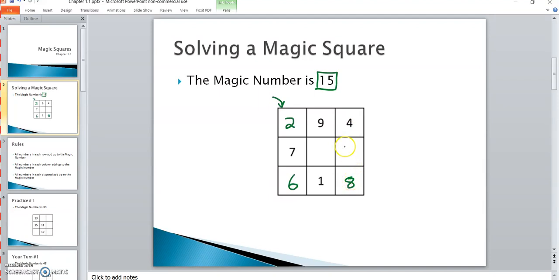And I know that 3 plus 12 is 15. And finally, there's a number of different ways I can solve this last one, but I'm just going to go 9 plus 1 is 10, and 10 plus 5 is 15.